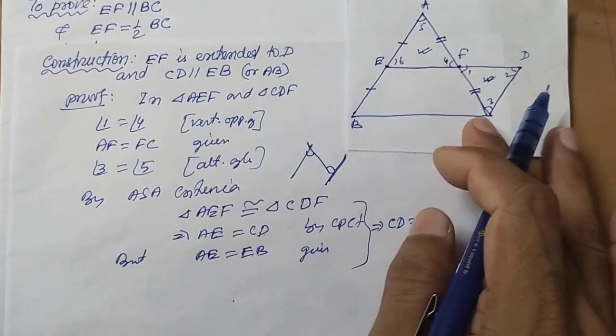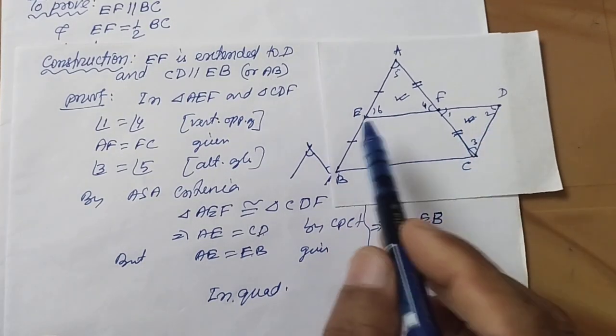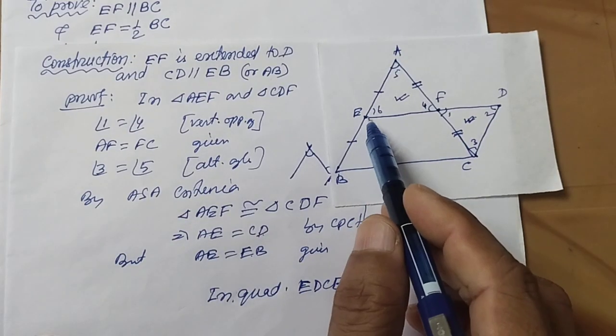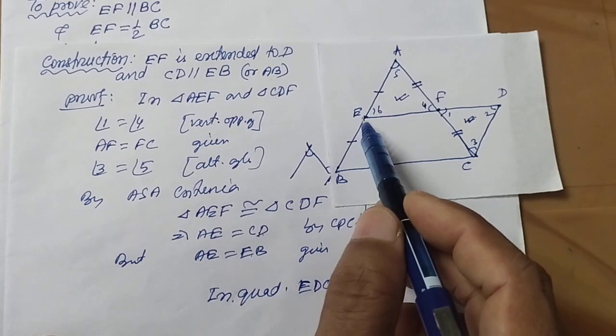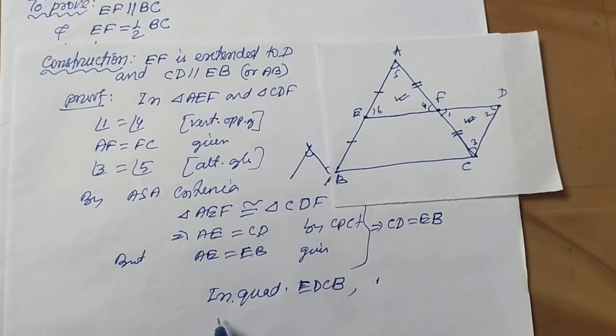Now you see, in quadrilateral, which quadrilateral? EDCB. In this quadrilateral EDCB, we already got EB is equal to DC. I'll write here EB is equal to DC.